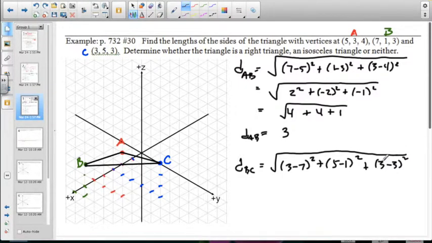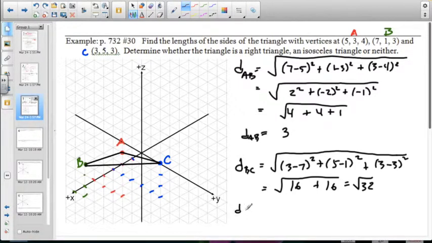B and C are up at the same elevation of 3. So we went up 3 from the desktop here, we went up 3 from the desktop here, so this line is actually parallel to the desktop. So we got minus 4 squared, that's 16. We have 4 squared, that's another 16. That's the square root of 32. So definitely not 3. So we know that the square root of 32 is bigger than 5, so we know this side's longer.